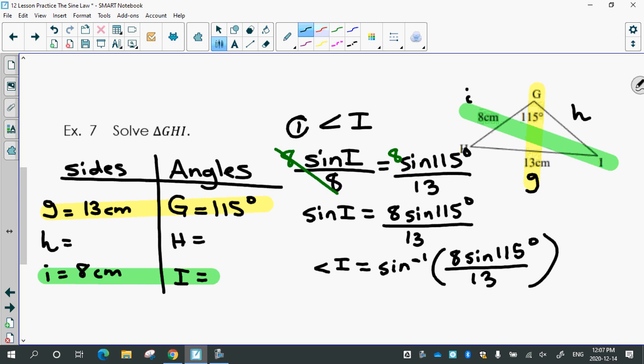And I gotta make sure I put that in my calculator properly. I got 33.89, so 34 degrees approximately.